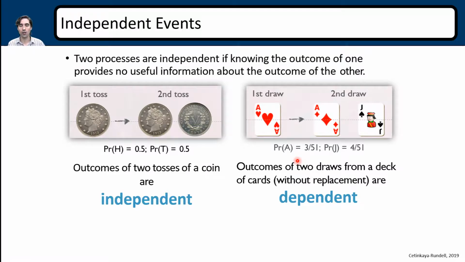If I was to draw 2 cards from a deck, and let's say the first is an ace, and I don't replace the card or shuffle them or anything, the chances of me getting an ace on my second draw is going to be less because I already drew an ace. So each outcome is dependent on the prior as well as the future outcomes for certain events.